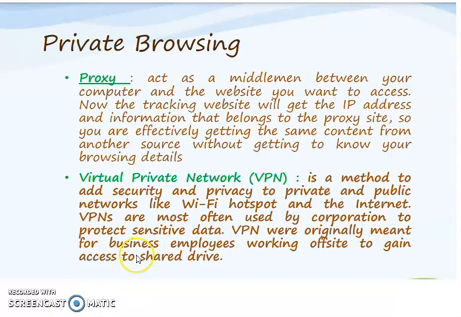Children, next one, virtual private network, VPN. VPN is a method to add security and privacy to private and public networks like Wi-Fi hotspots and the internet. You have to study the full form of VPN, virtual private network.